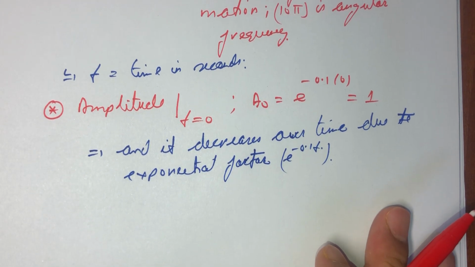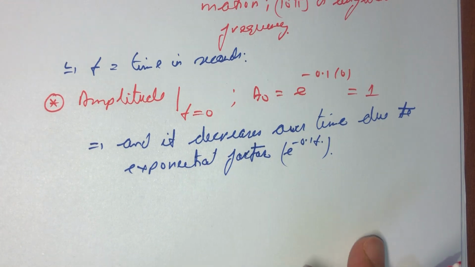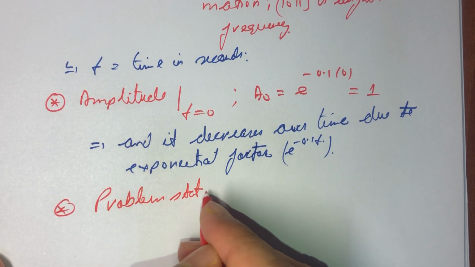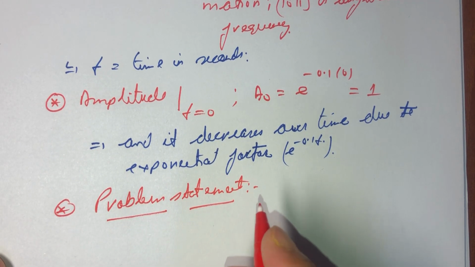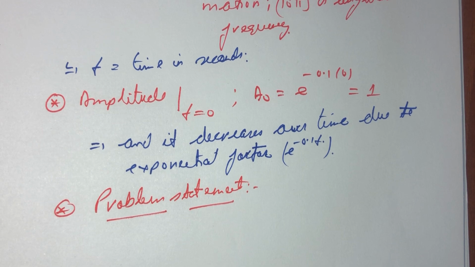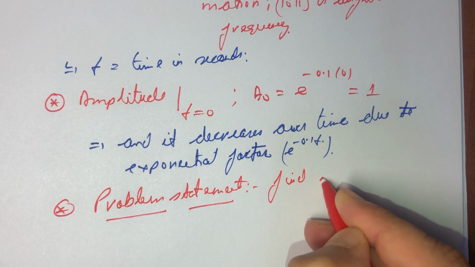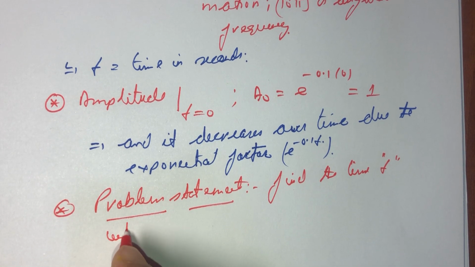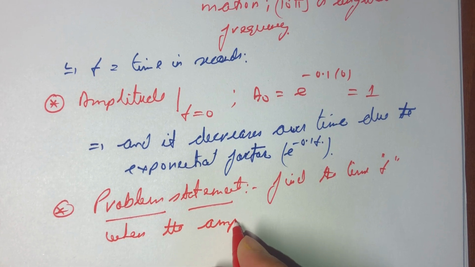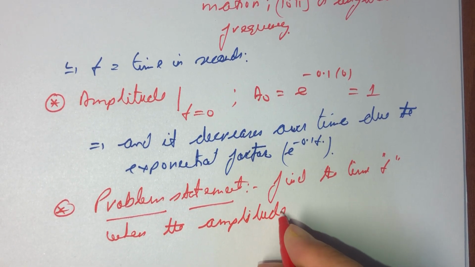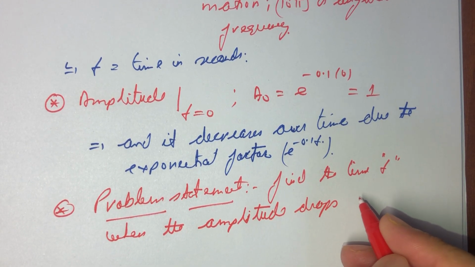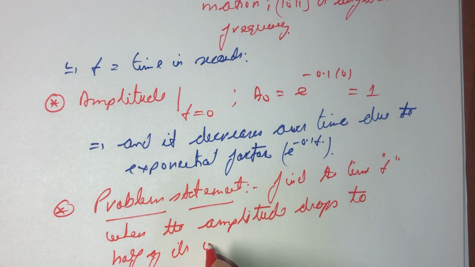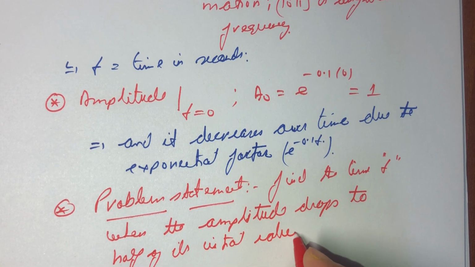And let us write the problem statement, what we are actually going to find out. Find the time t when the amplitude drops to half of its initial value.